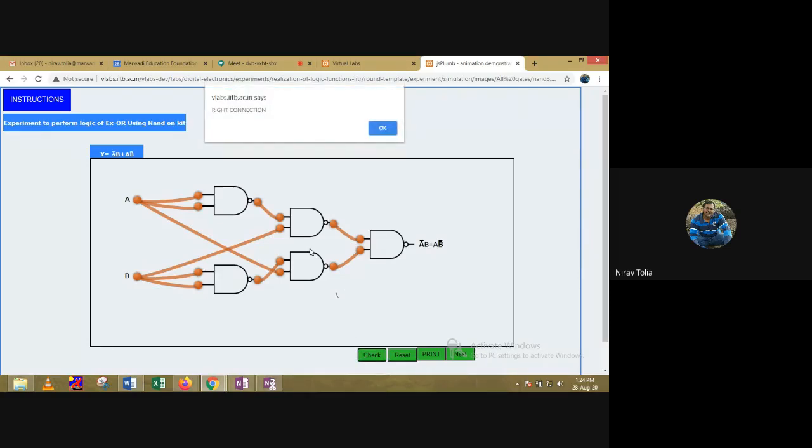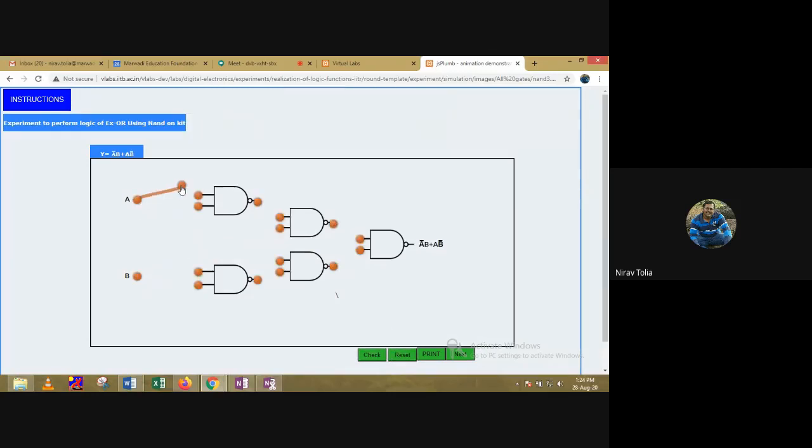See, okay. When you are trying to connect, I will reset. When you are trying to connect, if you take it upside and move downward, then it shows you a yellow circle. And if it shows you a yellow circle, then you leave the dot.